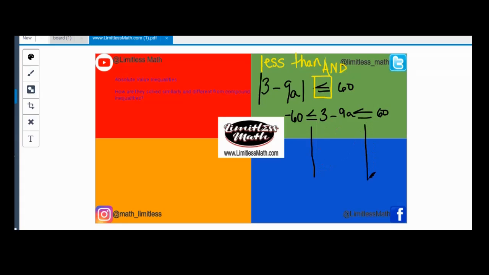I like to split mine into the 3 sections. We are trying to isolate this a in the middle, so I'll subtract 3 in all 3 sections. The 3s cancel, we get negative 63 is less than or equal to negative 9a, which is less than or equal to 57.